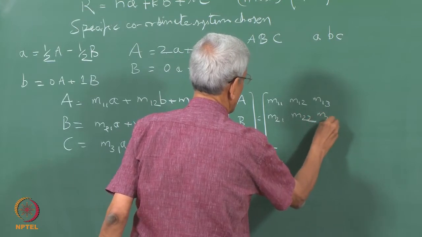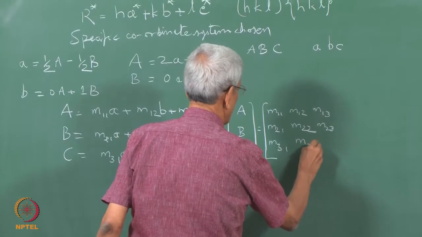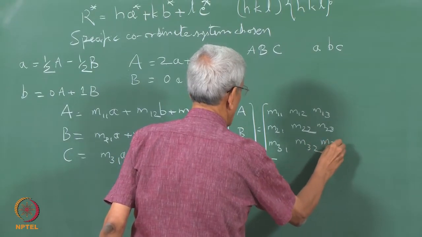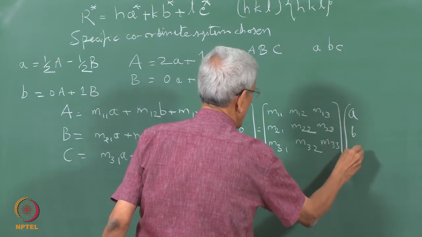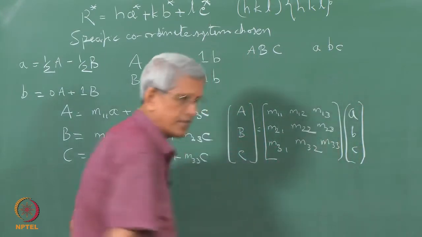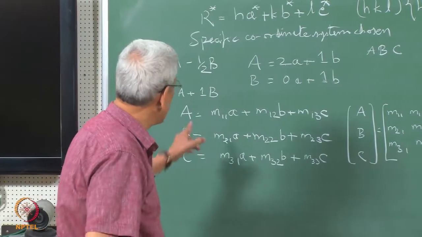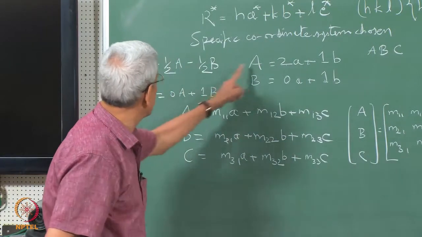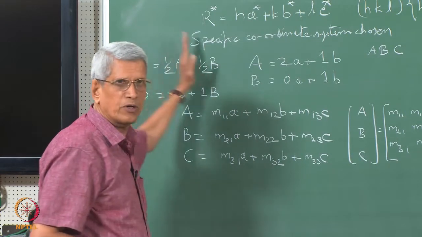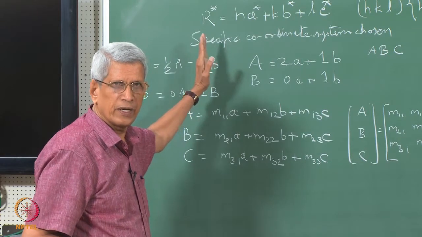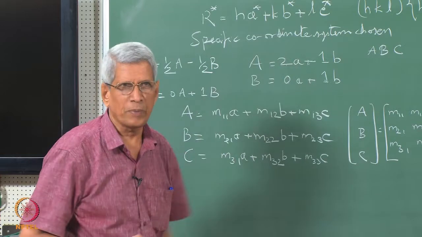M22, M23, M31, M32, this way we can write, this is right. Similarly, we can see that when the old coordinates we wanted to represent in terms of the new one, then these indices are not the same. So, we can use a different symbol to represent it.